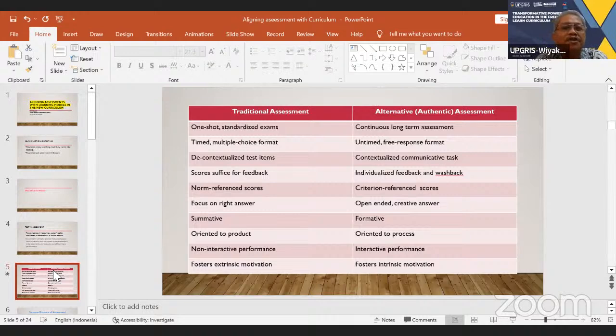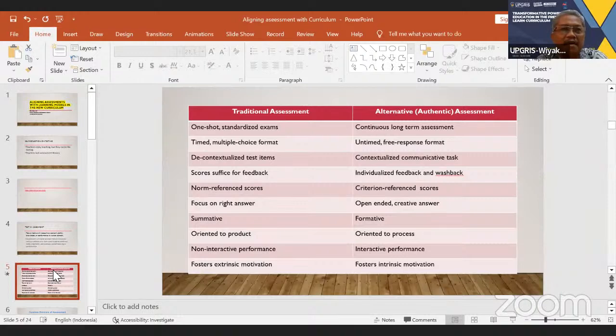Timed multiple choice format is used in traditional assessment, while alternative or authentic assessment uses the free response format, untimed. We say untimed because we do not give students a time limit to finish the project within only 1 hour or 2 hours.